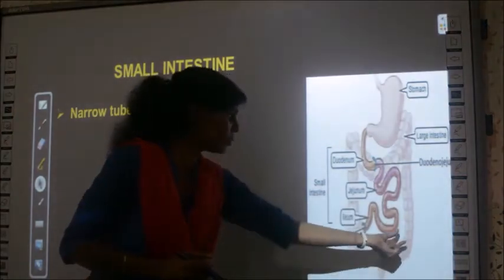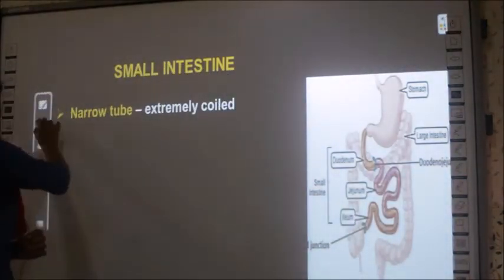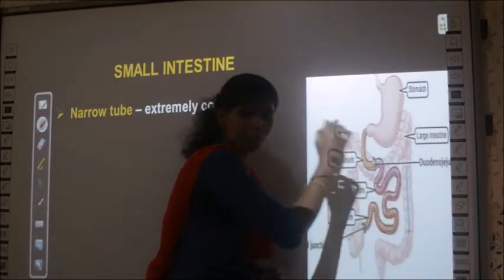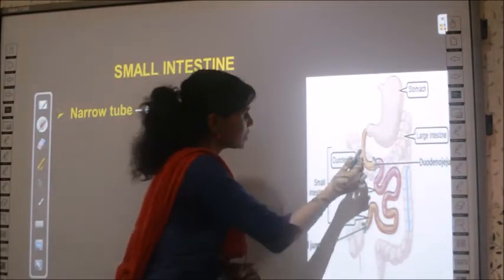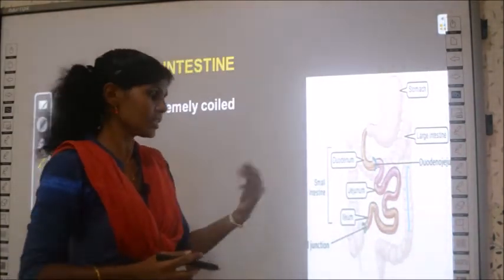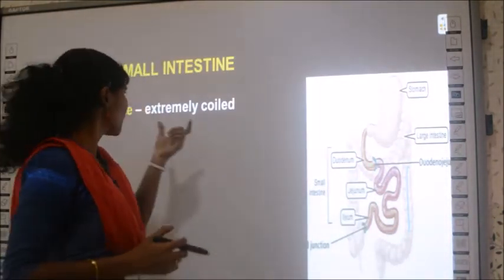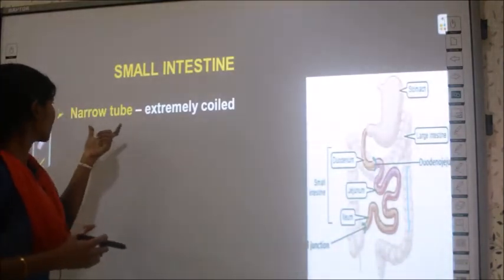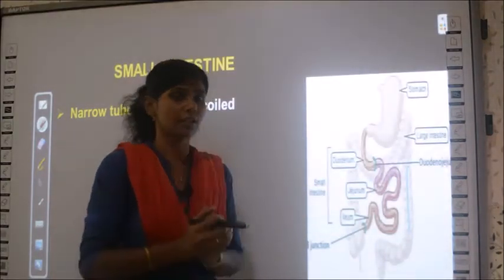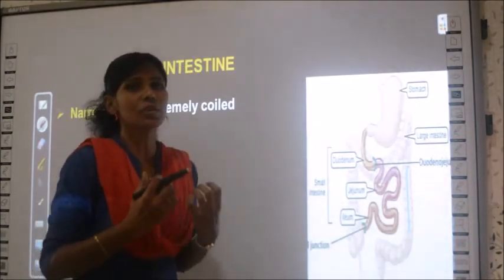Now see the outer tube, this is the large intestine, right? You can see it to be very thick, whereas the small intestine is thin when compared to the large intestine. So these are the two differences. That's why it is called the small intestine. It's a narrow tube. Narrow tube means it is thinner. Okay, and then it is extremely coiled.